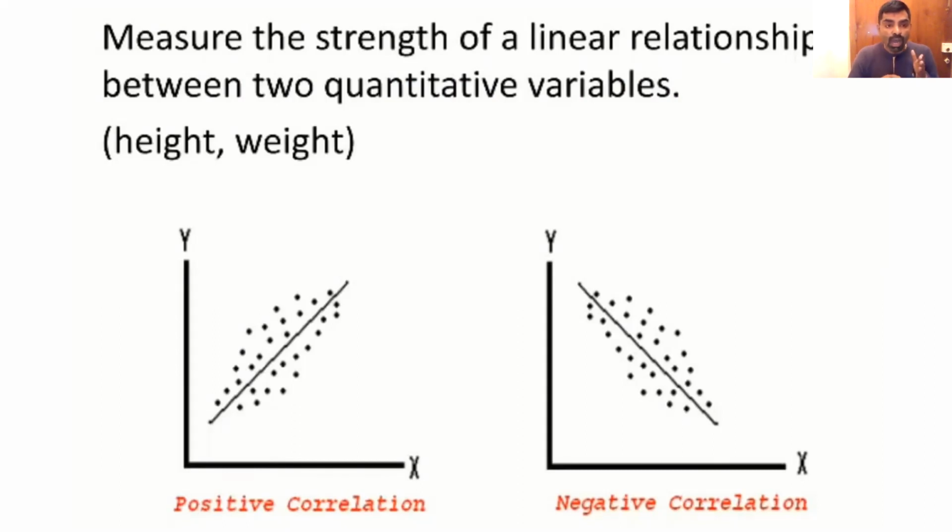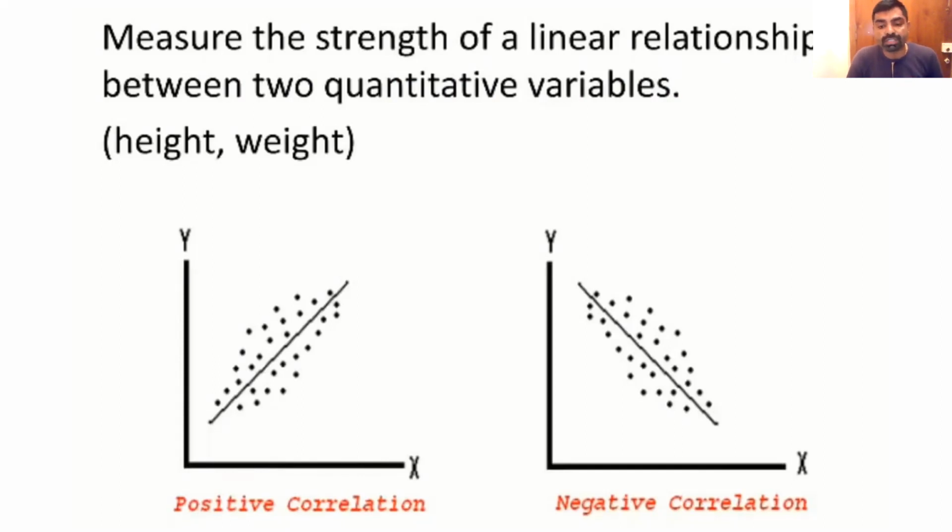For example, as the height of a person increases, automatically the weight of the person is going to increase. There is a positive relationship between the height variable and the weight variable. So the higher the height, the higher the weight. Since both are increasing, it is considered a positive correlation.